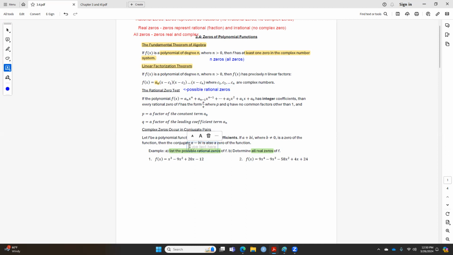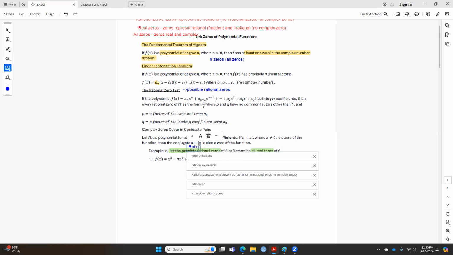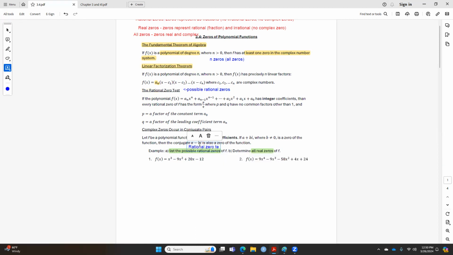rational zeros, which means that you have to use the rational zero test here to list them. Now, what do I mean by the words possible rational zeros? Possible means maybe. So that means that this theorem or this test just gives us some rational zeros.